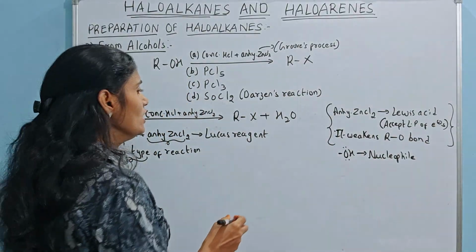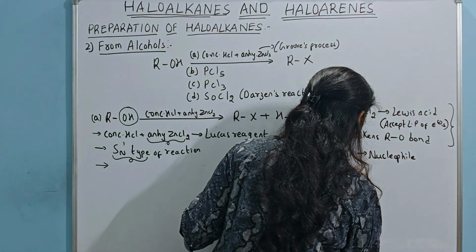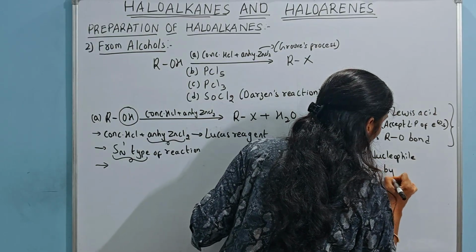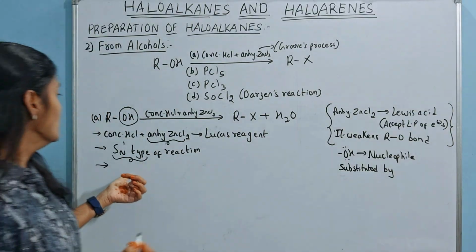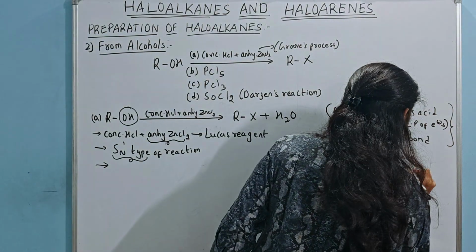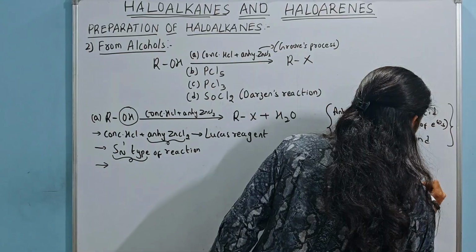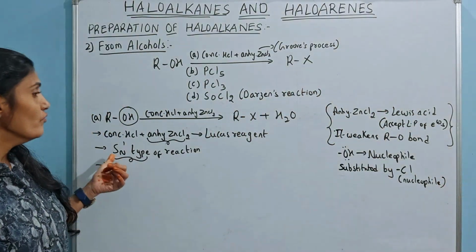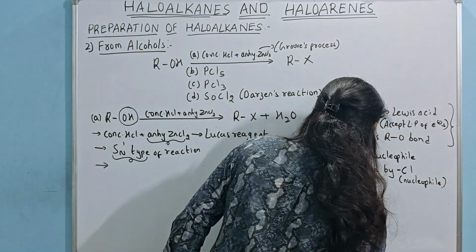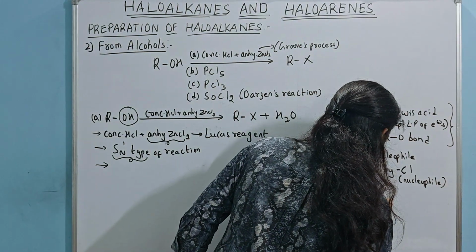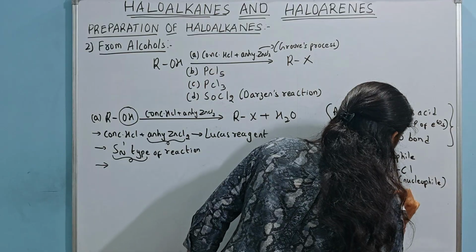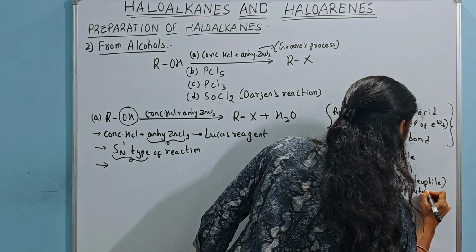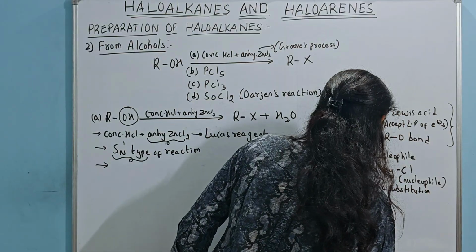Now here, this nucleophile is substituted by one more nucleophile, which is your Cl. When one nucleophile is substituted by another nucleophile, we call it a nucleophilic substitution reaction.